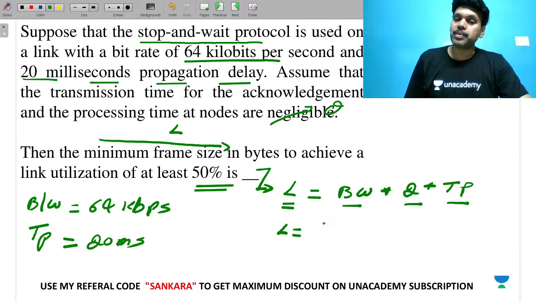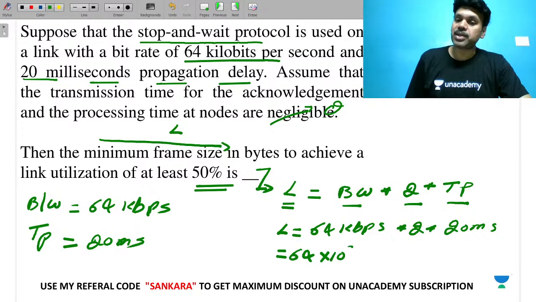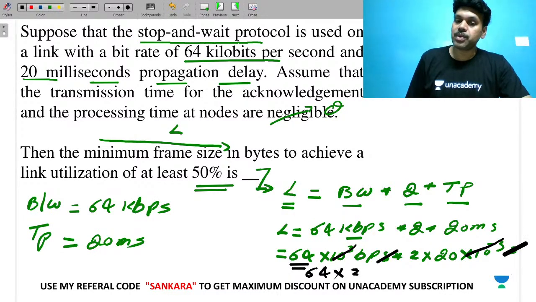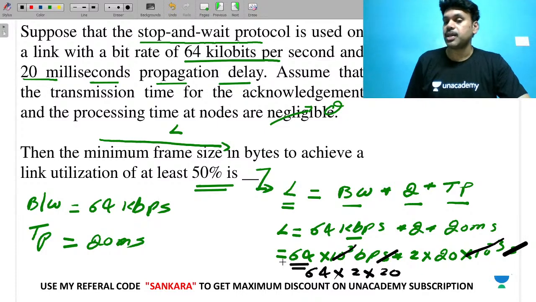So L is equal to bandwidth 64 kilobit per second into 2 into TP, which is 20 ms. So this is 64 into 10 power 3 bits per second and 20 into 10 power minus 3 s. 1 ms means 10 power minus 3. Therefore, this and this cancel. So your answer is 64 into 2 into 20.